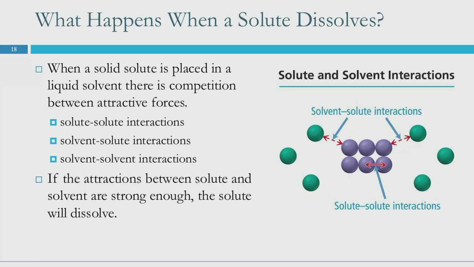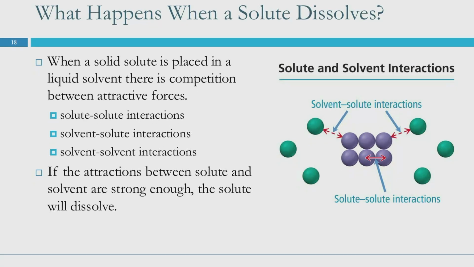That's not always true. Sometimes the solute has a really strong affinity for itself, and it can't be pulled apart by the water. And so in those cases, it doesn't dissolve. So strong solute-solvent interactions lead to dissolving.